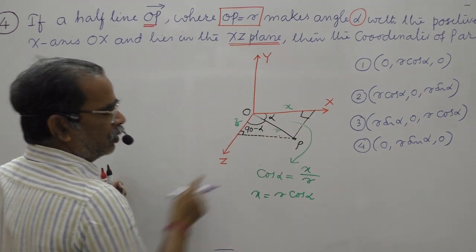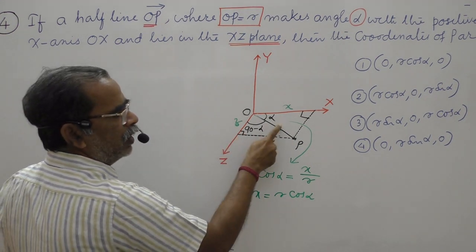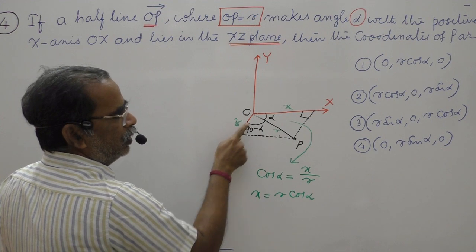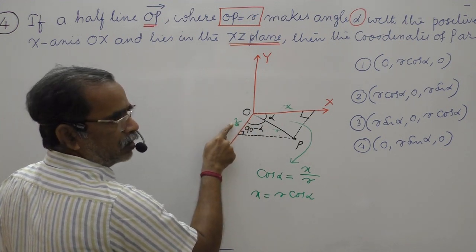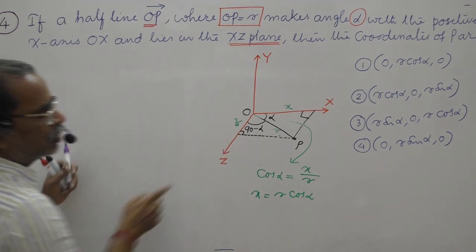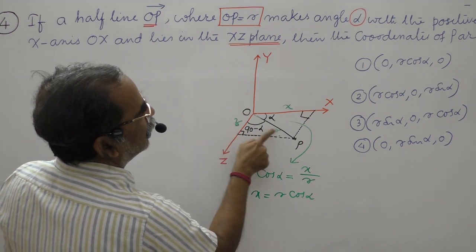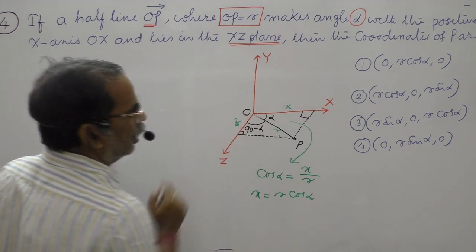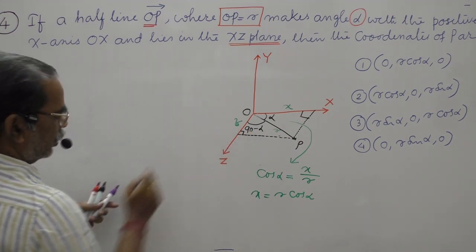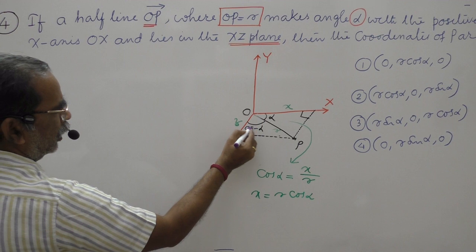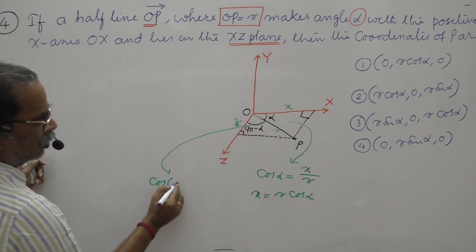Now we need z. You take this triangle. Here this is the right angle, again it is the hypotenuse. For this angle 90 minus alpha, this is the adjacent side. So again I have to take the adjacent side, therefore in this triangle I am taking again cos theta.